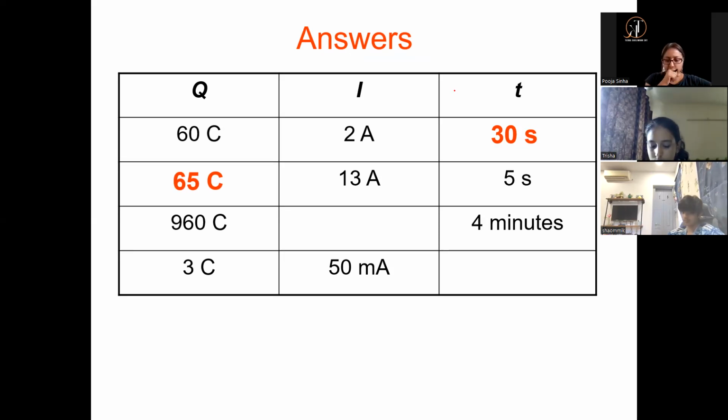Shamik, next. 4. 4 amperes. No. Take second. 90. How is it 3? What is the formula?